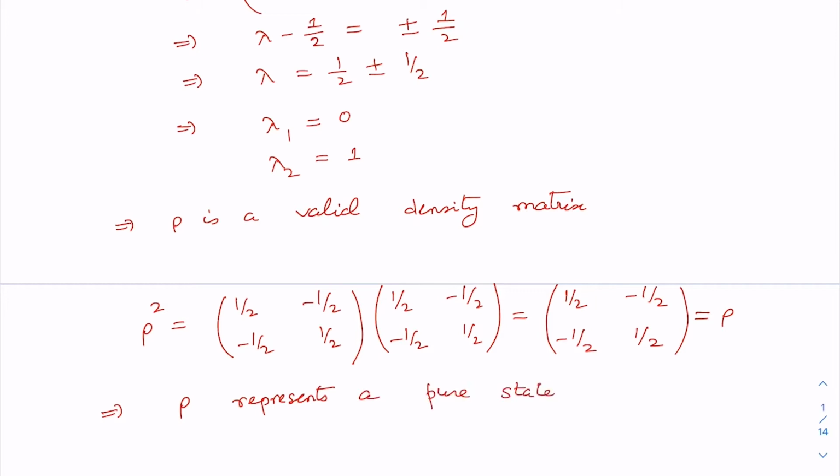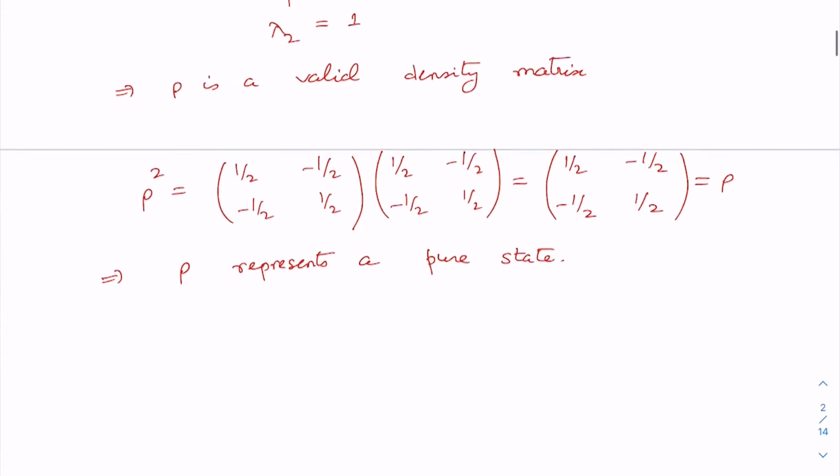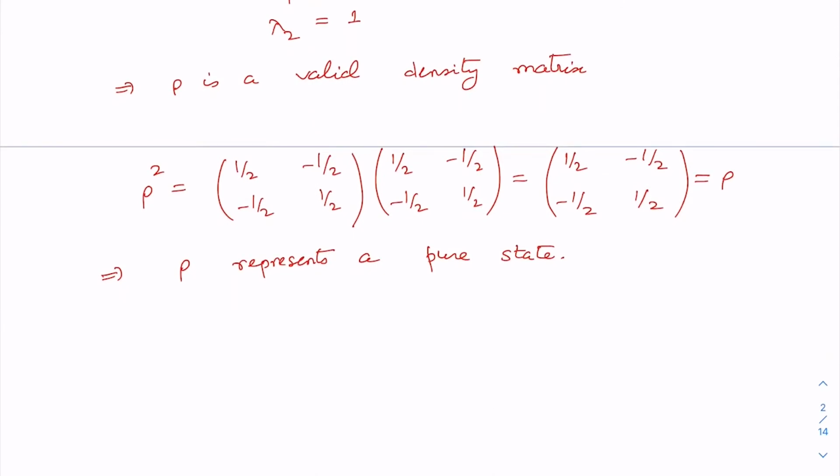We are asked to find out the normalized wave function as well. So let us work that out. Rho we can write in terms of the state vector as ket psi bra psi. Let us say the ket psi is represented by a column vector with elements a, b, and bra psi would be a row vector with elements a star, b star.